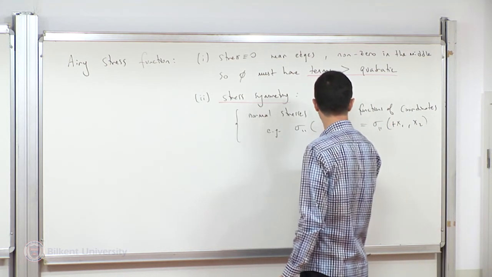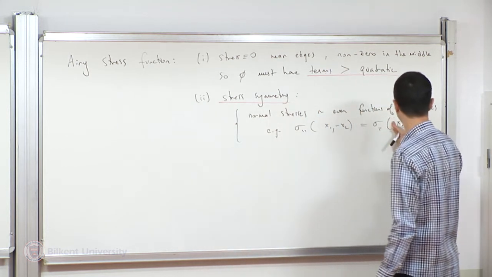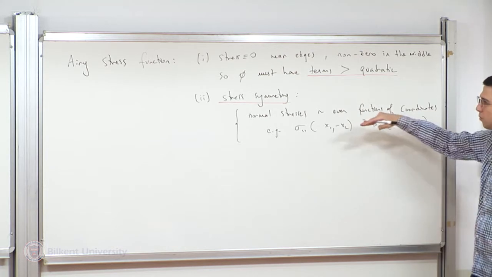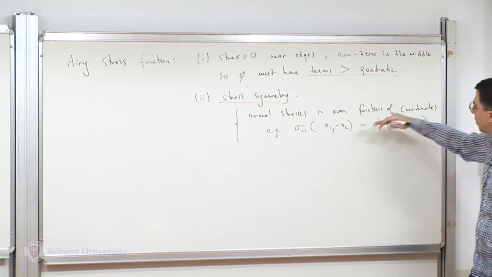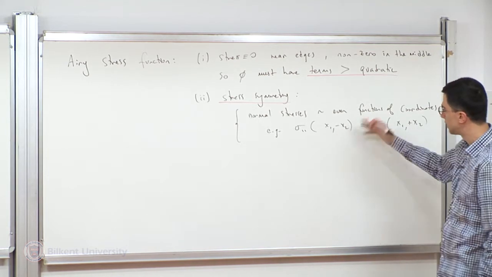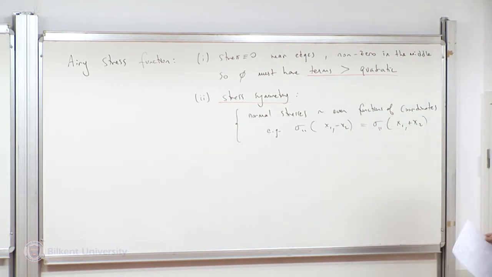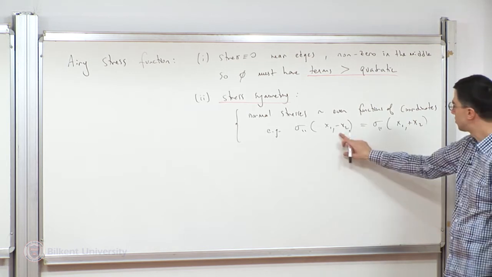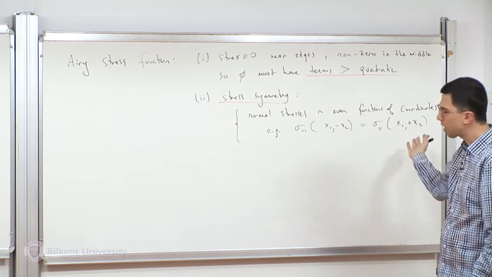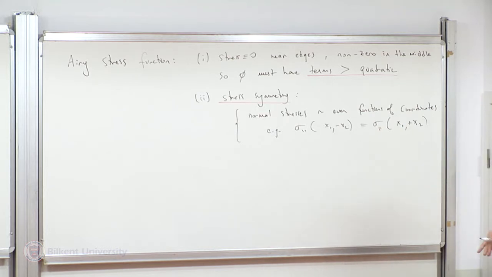It doesn't matter whether, with respect to x2 equals 0, I'm above or below the coordinate axis. The value of the stress will be the same, and that indicates that the stress sigma 1,1 is an even function, for instance, of x2, likewise of x1, etc.